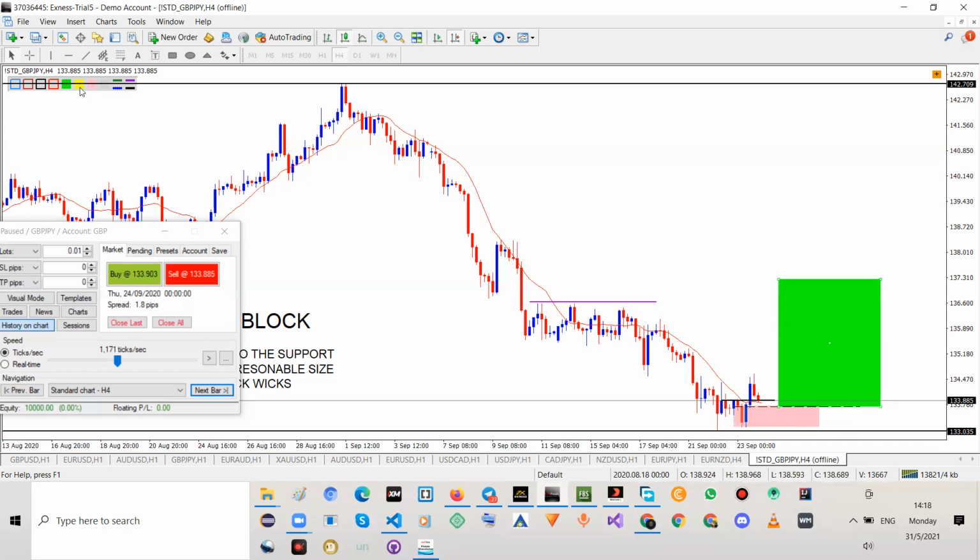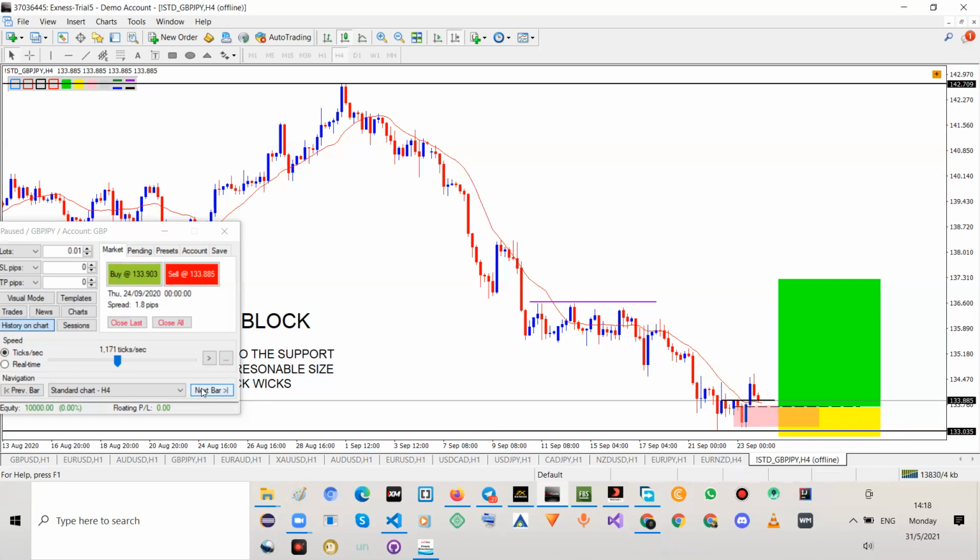Then the stop loss will be right below my support area right here. Perfect. So that's our order block right there in the area of support.